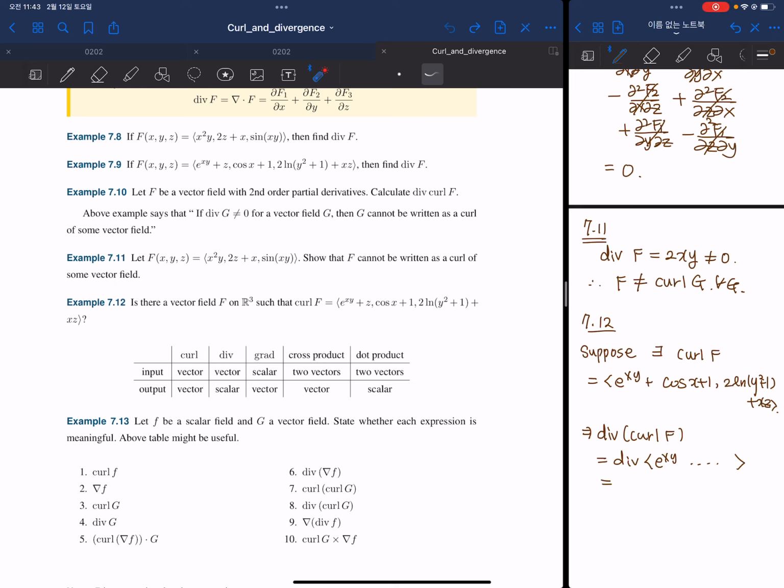In example 7.9, we calculated the divergence was y e to the xy plus x. But in example 7.10, we said that the divergence of curl f is always 0. So 0 equal to this one is a contradiction. It means there is no vector field f satisfying this condition.